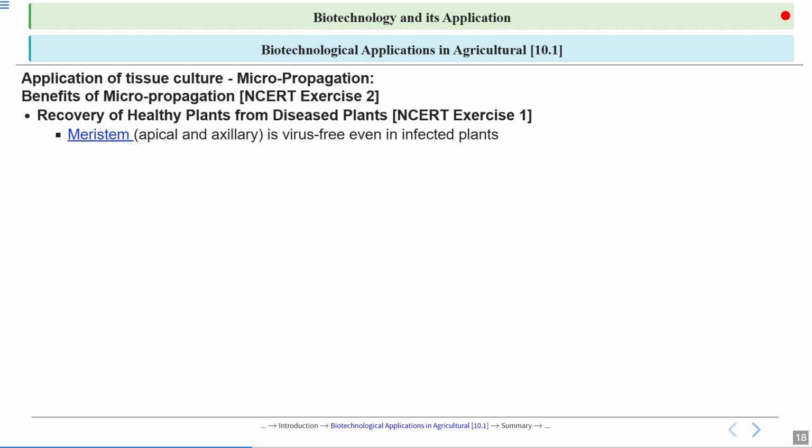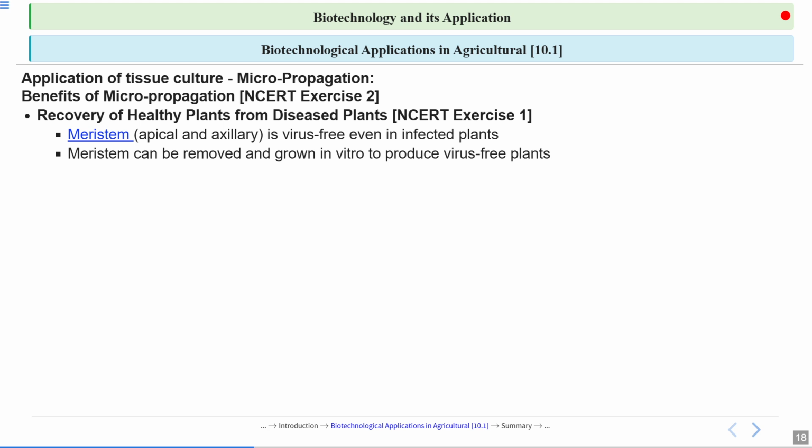That's why even from a diseased plant, we can take this healthy meristem part, which can be used for tissue culture, and we can produce a large number of plants through micropropagation.